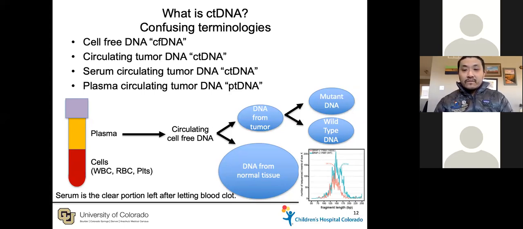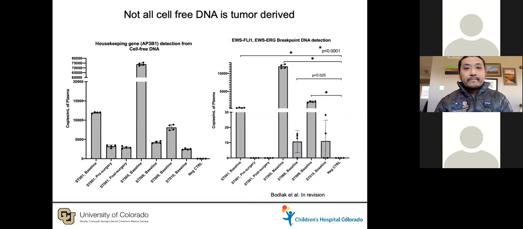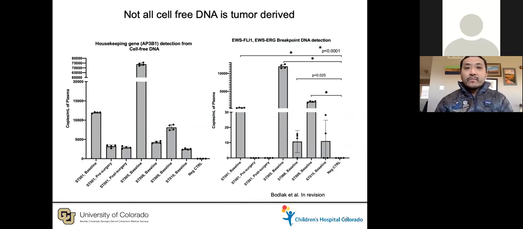Here on the right lower side is a quick figure that shows a peak size of around 150 base pairs, which is the size the DNA gets sheared to within the bloodstream, and that's the size of the ctDNA that we're trying to capture. Sometimes we've used the word ptDNA because there was an era where people were using serum and plasma interchangeably, and that clearly is not an optimal way to collect ctDNA. This distinction is quite important because not all cell-free DNA is tumor-derived.